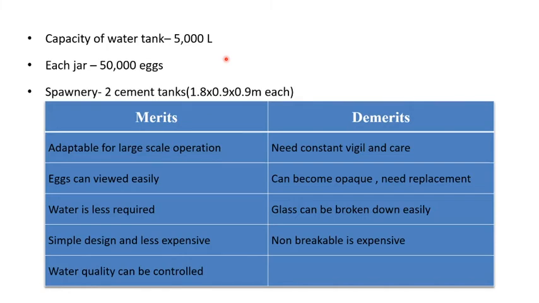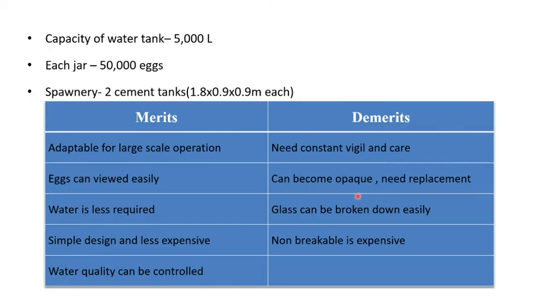Let us discuss merits and demerits. Merits: this glass jar hatchery is adaptable for large scale operation. Eggs can be viewed easily, less water is required, the design is simple and less expensive, and water quality can be controlled. Coming to demerits, it needs constant vigil and care.